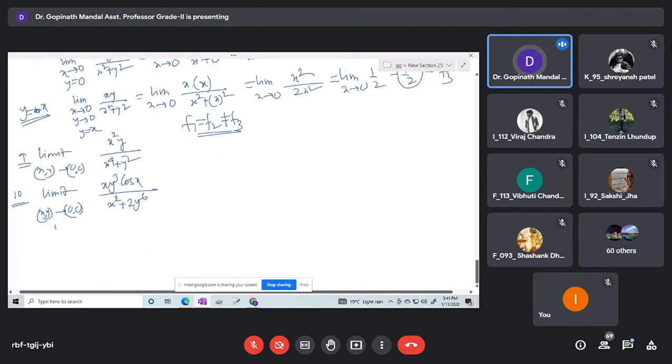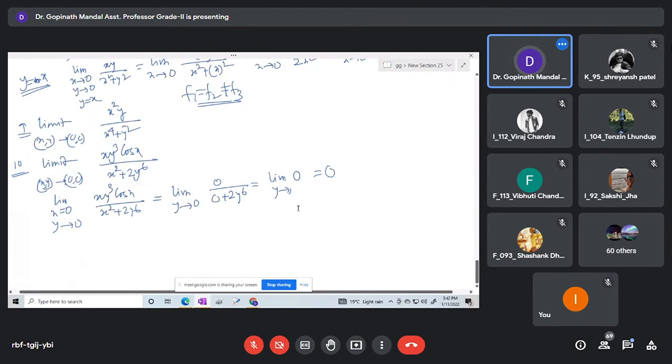So first case is x equal to 0 and y tends to 0: x y cube cos x by (x square plus 2y to the power 6). So the limit as y tends to 0, x equal to 0, that is 0 by (0 plus 2y to the power 6), so the limit will be 0.